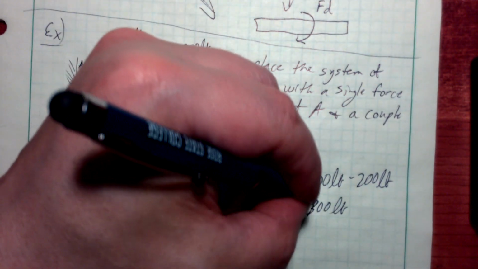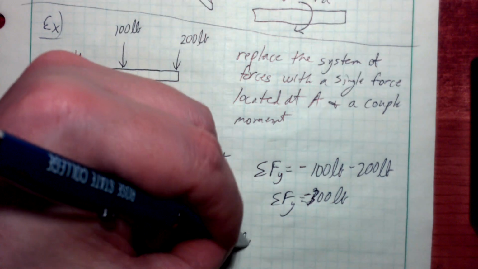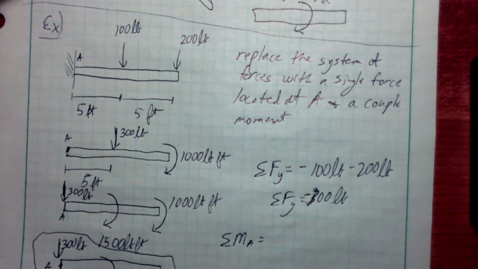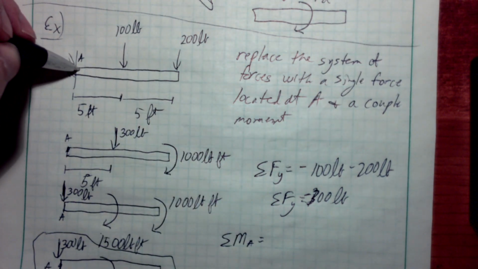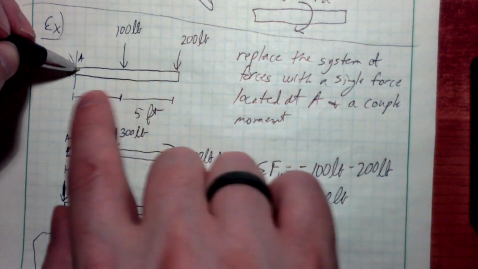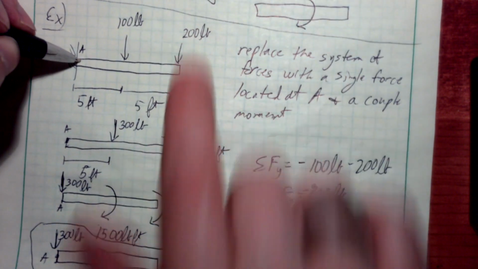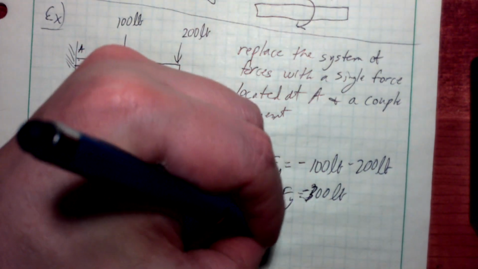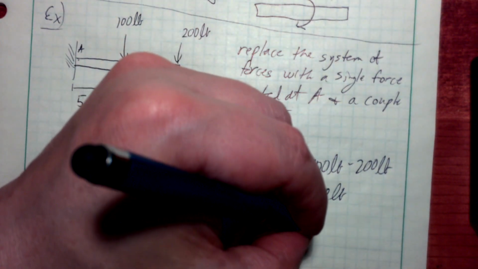And because I'm going to move those forces now to point A, I need to figure out what is the net or resultant moment about point A. So if I look at what's the resultant moment about point A, well, I've got 200 pounds out here at a distance of 10 feet, and that's causing a clockwise rotation. So that is minus 200 pounds at a distance of 10 feet.